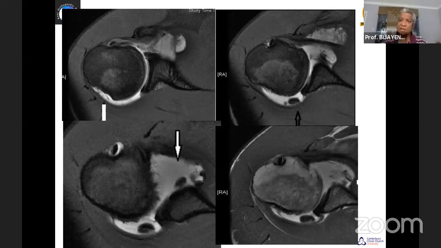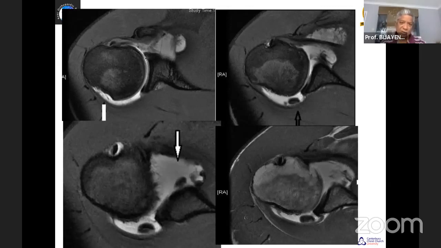As you can see at the top right-hand corner above the subscapularis. On the bottom right-hand corner, again, I can see that loose fragment which is extended and further damage to the inferior part of the labrum, and certainly even the bony labrum looks blunted, suggestive of an osseous or osteocartilaginous labral fragment, a Bankart tear.